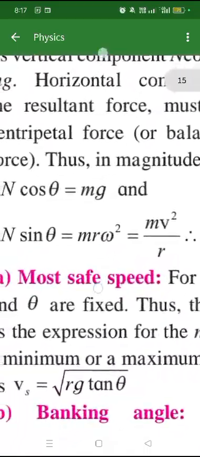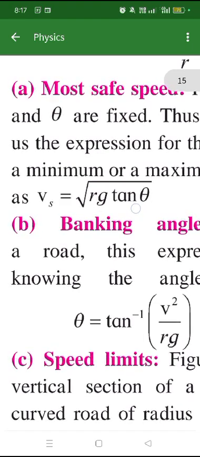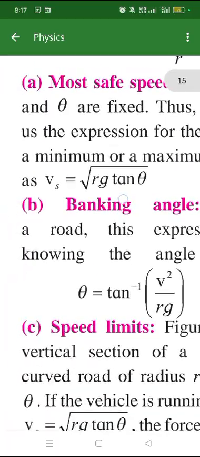Because we cannot change the acceleration due to gravity, g is constant at a point on the surface of the earth, we can only change two things: either we can make the road more curved, a very big, very curved road, or tan theta, a very tilted road. For theta equal to 0, tan 0 is 0, and tan 90 is actually infinite. So we can go with this.